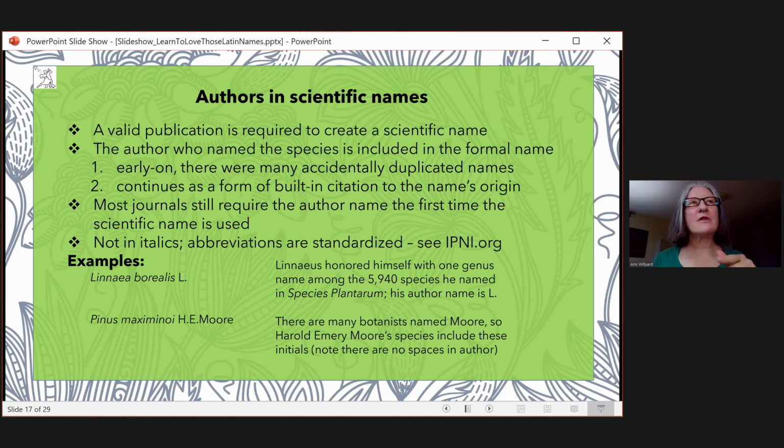And so by putting the author name the first time you use the species, it puts the burden onto the reader to at least go know that it was something that was published by Linnaeus or was published by someone else later. So most scientific journals still require the author name the first time it's used. So I'd use it the first paragraph or a table where it was used, and then I would drop it and not keep repeating it because it makes it hard to read.